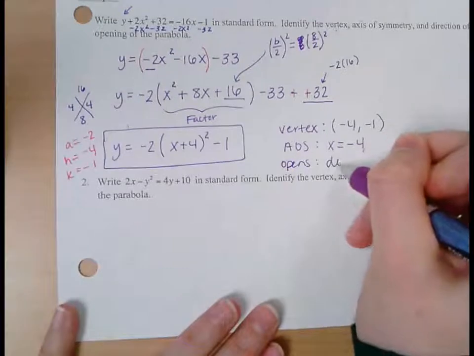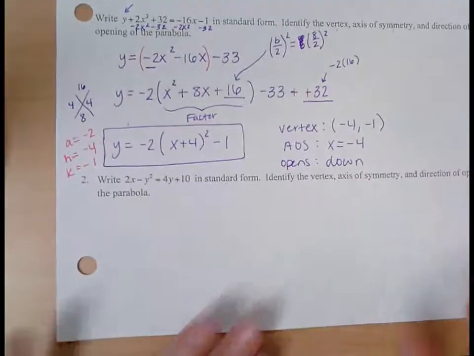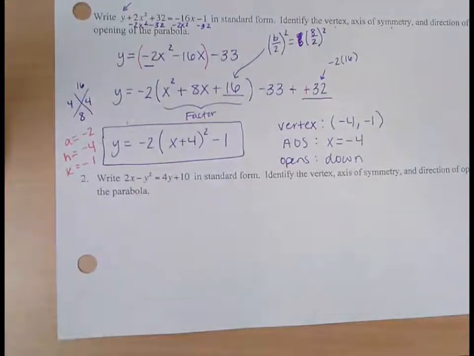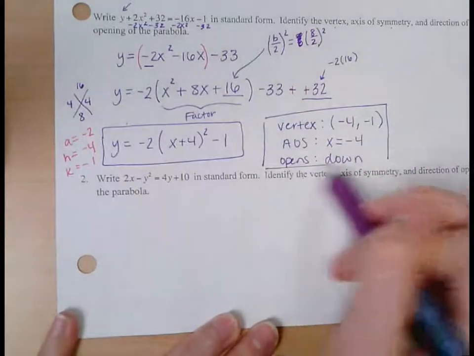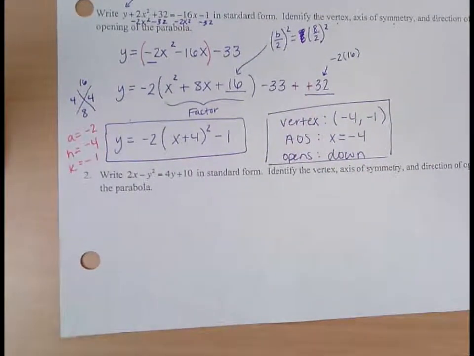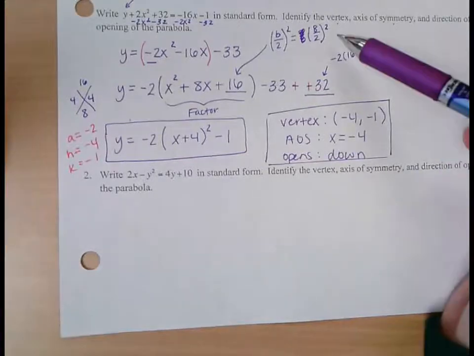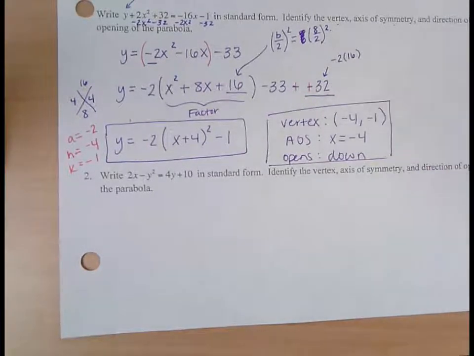How do you know it's down? Yeah, a is less than 0, a is negative 2, and we know it has to be up or down based on the standard form. So it would be down. Okay, so like I said, this process we did before, it's phrased a little bit differently. We did this in chapter 4, so it was a little bit ago. You'll be going through this process a lot in this chapter.